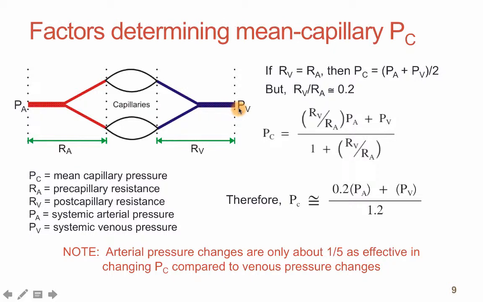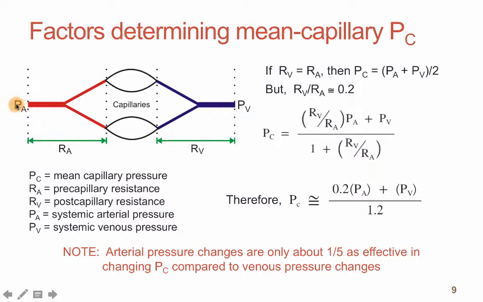Now, knowing that the blood flow through this system is the same at the precapillary side as it is in the capillaries, as it is in the postcapillary side, assuming that there's no loss of this flow, we can set up a mathematical relationship by which we can derive capillary pressure, mean capillary pressure.